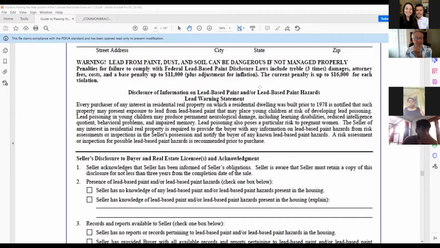Something bad would be not filling this out. So what would happen? Failure to comply with federal lead-based paint disclosure laws include treble damages, that's 3 times, attorney fees, cost, and a base penalty up to $11,000, plus adjustment for inflation, which is going on right now.